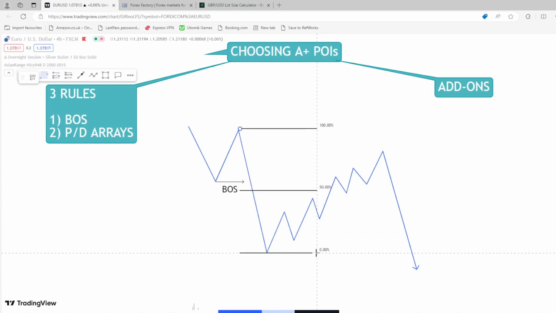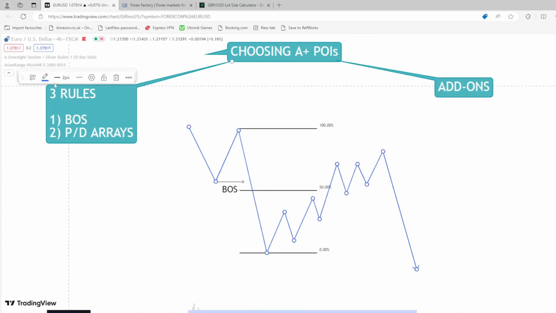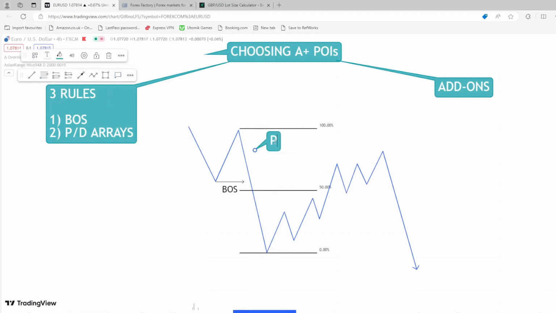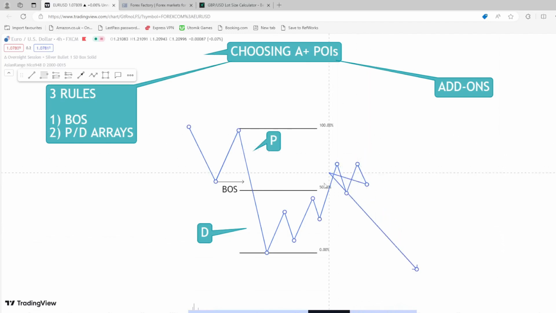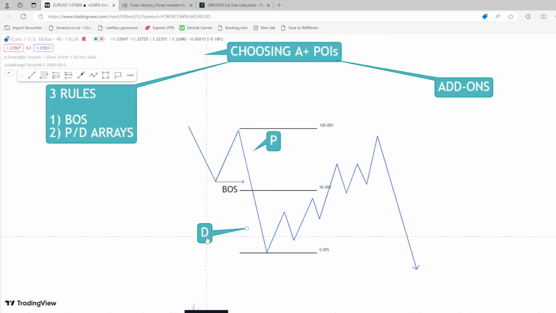This is how you determine your PD arrays. Your PD arrays represent 2 areas in price. They represent premium up here, I'll label that P, and a discount down here, and I'll label that D. So it's important to understand that when we're looking for potential sells in price, we need to be looking above the 50% level in the premium. That's important to understand.